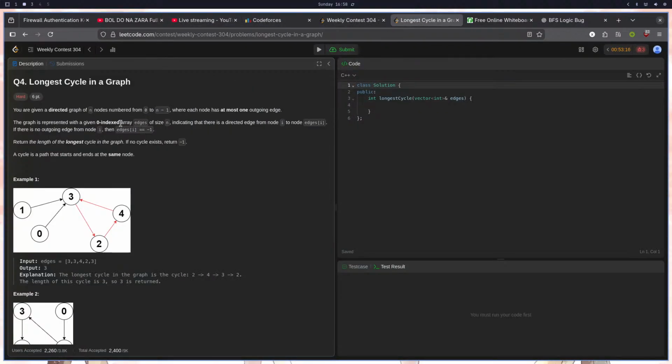You are given a directed graph of n nodes numbered from 0 to n minus 1, where each node has at most one outgoing edge.